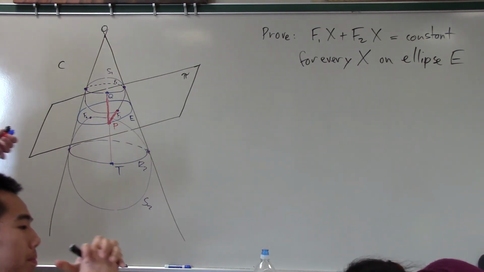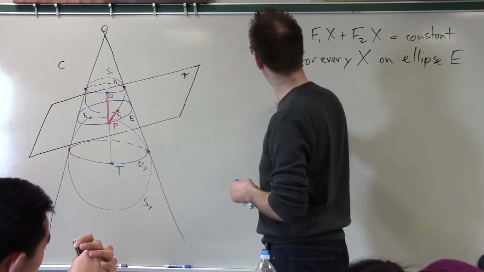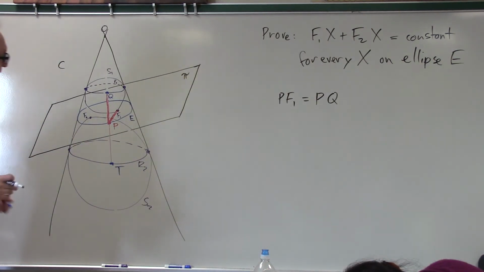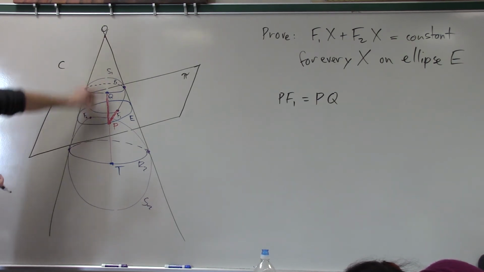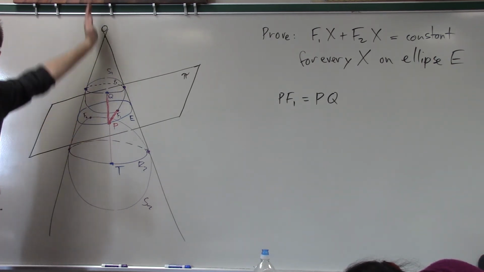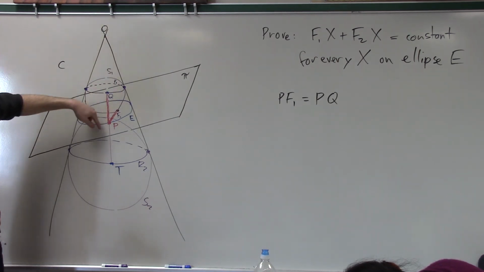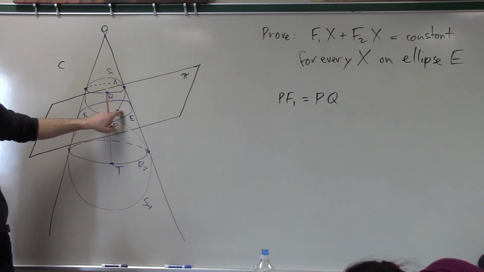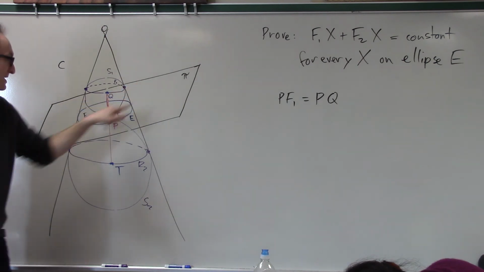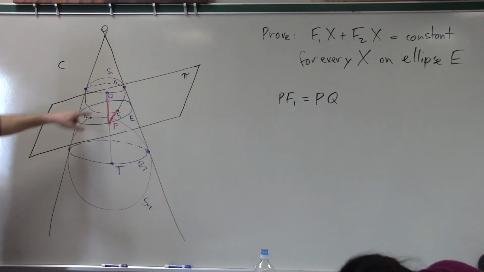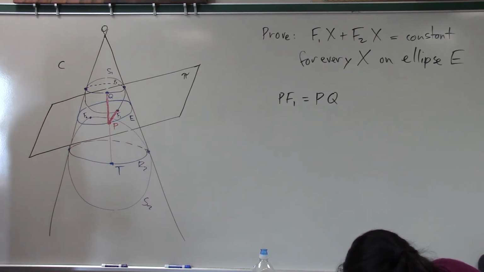PF1 equals PQ, because both of them are tangents to sphere S1. PQ is a tangent to sphere S1 because Q is a point on the sphere, and PQ goes along the cone, and the cone is tangent to the sphere. But PF1 is also tangent to the sphere, because the sphere is sitting right there. Since P is on the ellipse and F1 is in the plane of the ellipse, the whole segment PF1 is on plane pi. So these two are congruent, because tangents drawn from an external point are congruent.